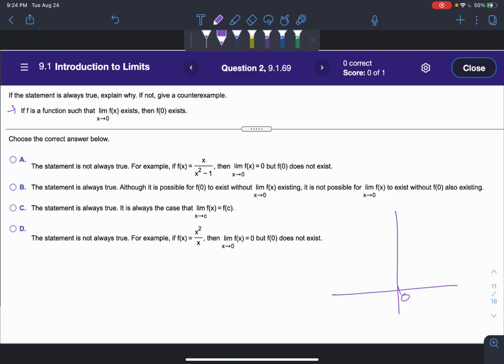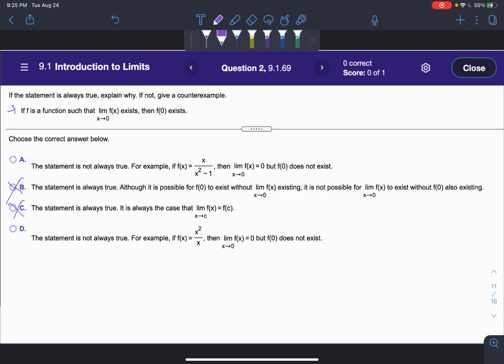One way this can be a counterexample is if my limit does exist here, let's call it 3, but it's an open circle. So my f of 0 does not exist. So that's one way we know that this isn't true. So that's why I'm going to rule out the statement that it's always true.